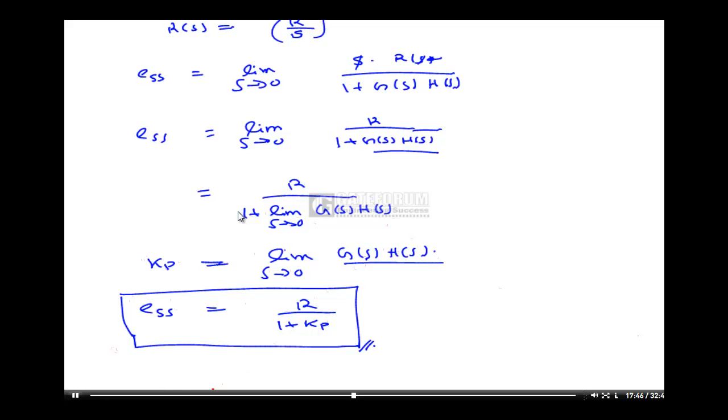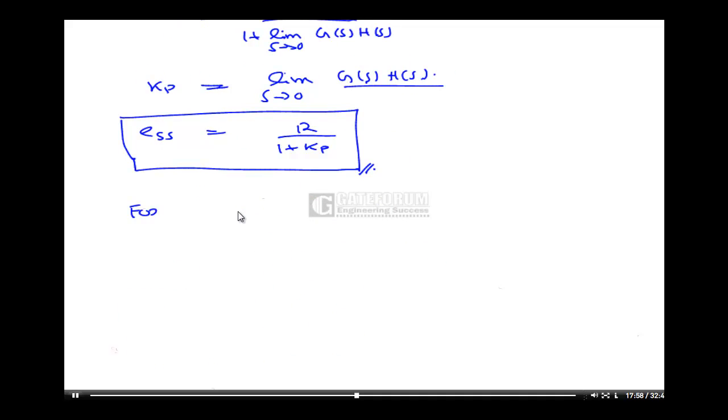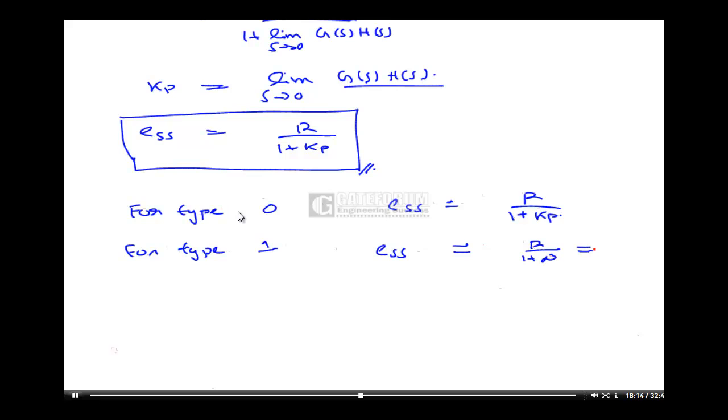Now in case the type is 1, what will happen? Then G(s)H(s) will have s in the denominator. Putting s in the denominator will make my Kp infinity. So for type 0, e_ss is R upon 1 plus Kp. For type 1, e_ss equals R upon 1 plus infinity, which equals 0.